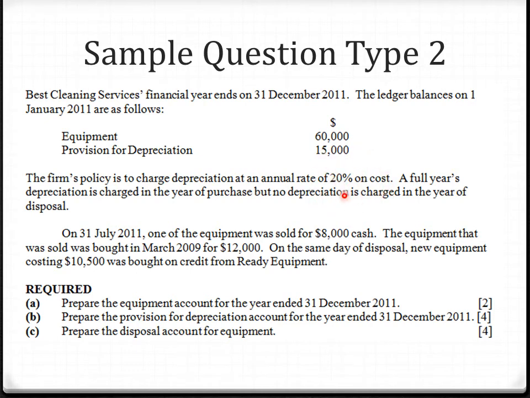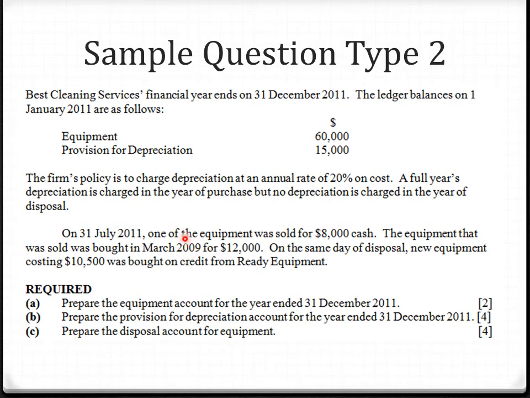And remember this clause: a full year's charge in the year of purchase, none in the year of sale. Also remember this date: now we are at 31st December 2011, but you bought this particular equipment in 2009. So you actually have to start providing for depreciation, because you want to find what exactly is the provision for depreciation for this sold vehicle.